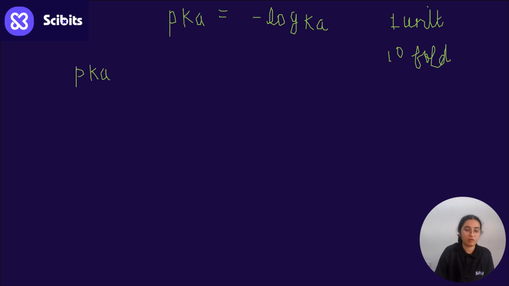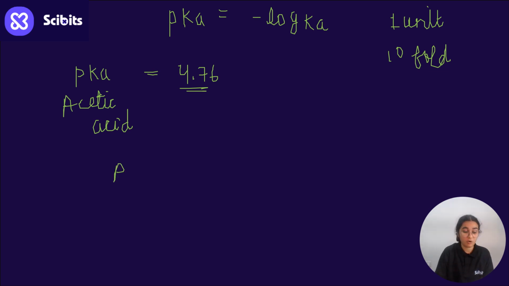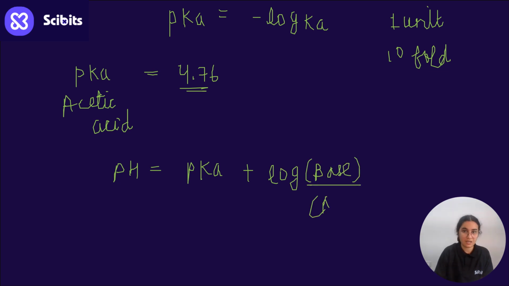And the pKa value of acetic acid is 4.76. There is one more important equation, that is pH is equal to pKa plus log of conjugate base concentration divided by acid concentration, molar concentration. Okay.